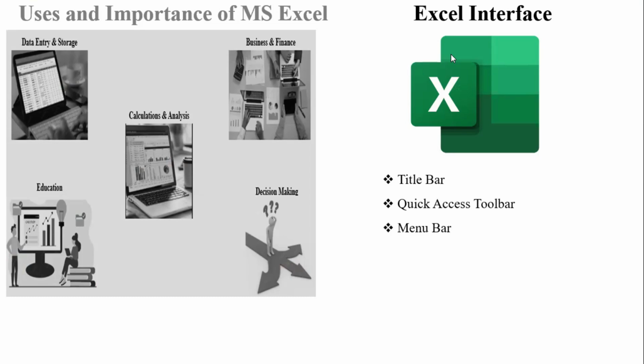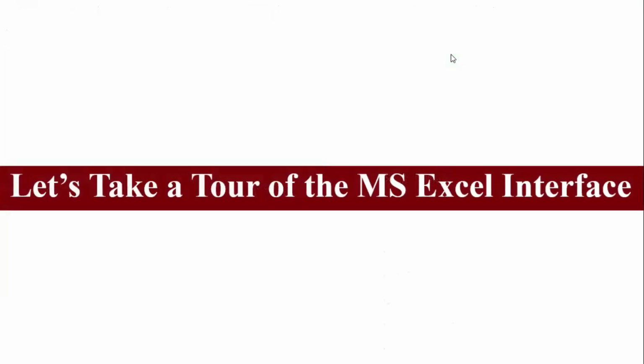Then the menu bar, ribbon, workbook, worksheet, name box, and formula bar. We will discuss them when I share the Excel screen so that we can see how they look. Let's take a tour of the Microsoft Excel interface so that I can explain all these things for you.